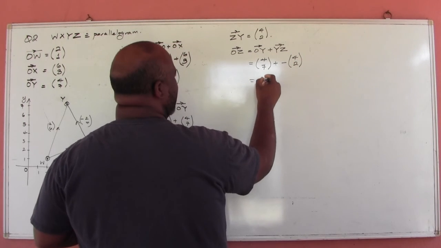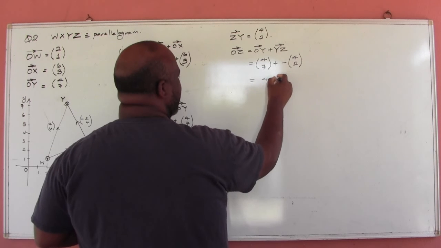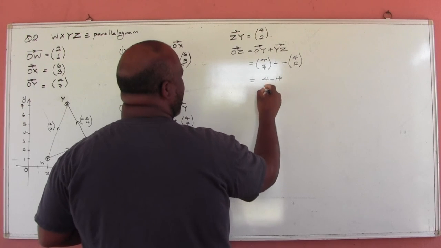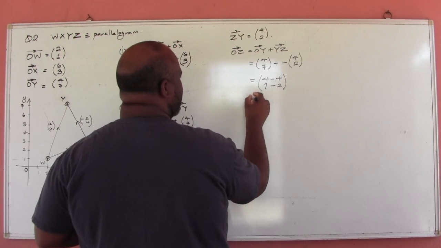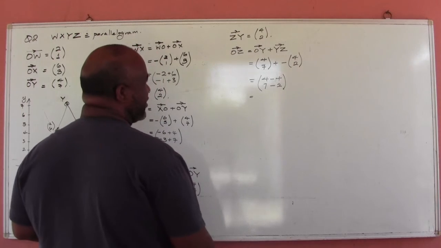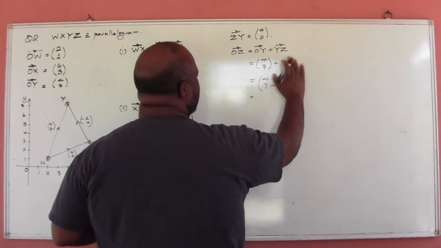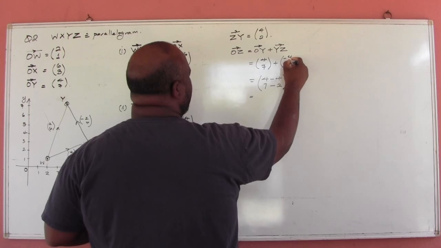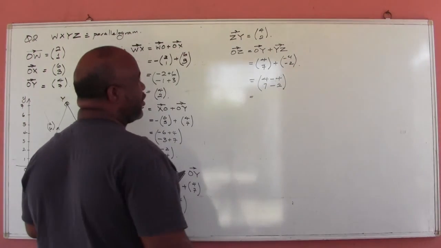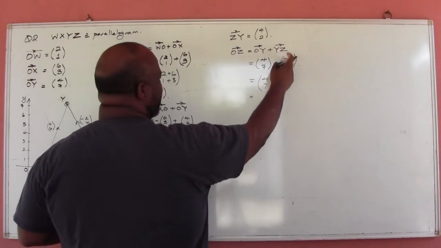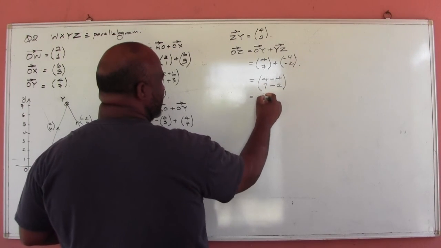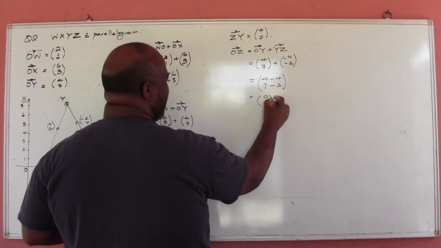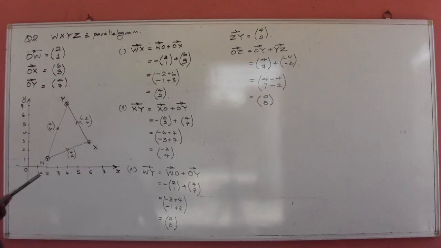So this would be 4 minus 4 and 7 minus 2, because a positive times a negative is a negative. So this becomes 0 and 5. So the position vector OZ would be (0, 5).